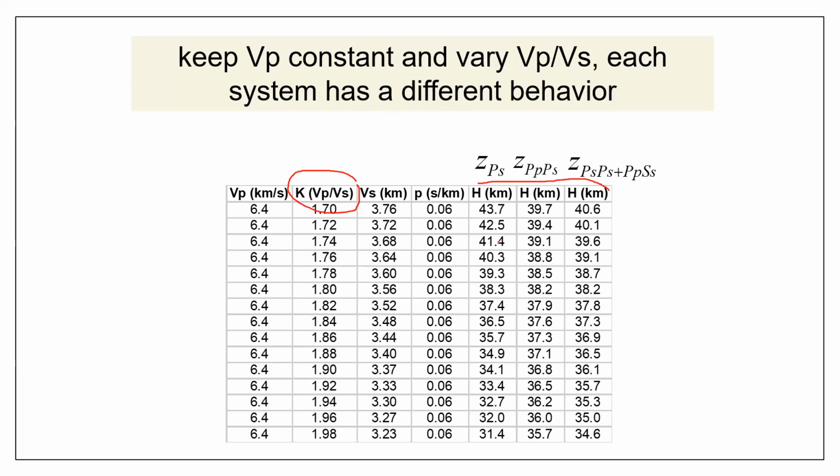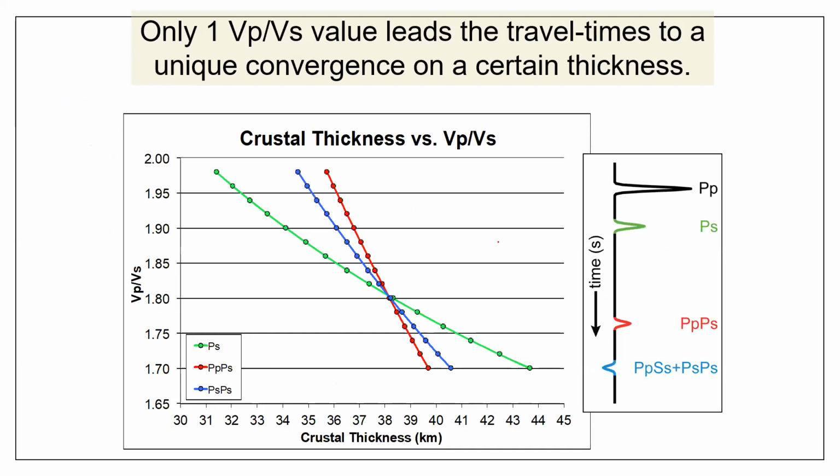For this purpose, you will have to go through a technique known as the H kappa stacking technique. These three different contours represent the amplitudes of the PS converted phase, the PPPS converted phase, and the PSPS converted phase, in different colors.